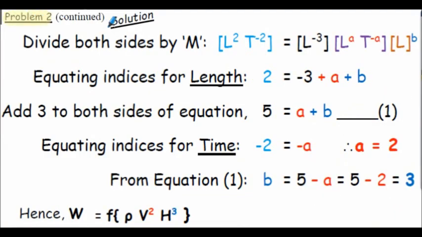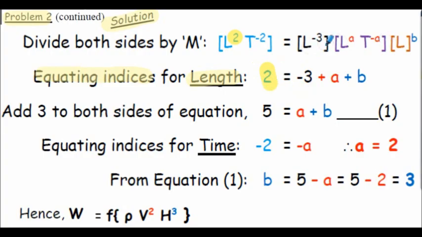With problem 2, solution continued, I've just repeated the top line for reference. So now we're going to equate the indices, first of all for length. On the left hand side of our equation we have L to the power of 2, so 2 on the left hand side.